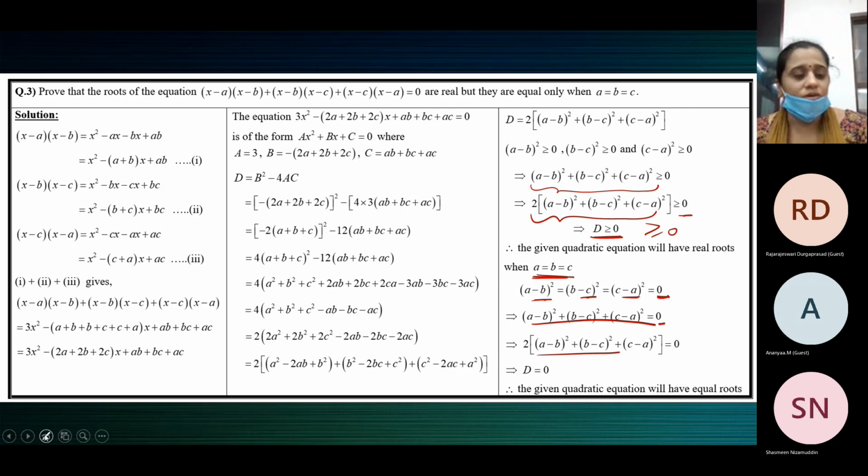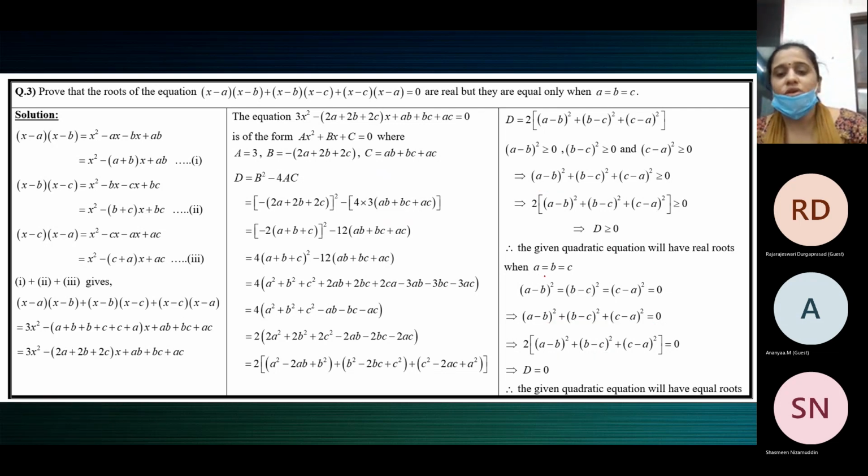When all the three are equal, A minus B will be 0 because all are equal. B minus C will be 0 because all are equal. So the difference is 0. C minus A is also 0. Then what is A minus B the whole square? 0. B minus C the whole square? 0. C minus A the whole square? 0. Then what will be their sum? When you add, what will you get? 0. When you multiply by 2, 0.